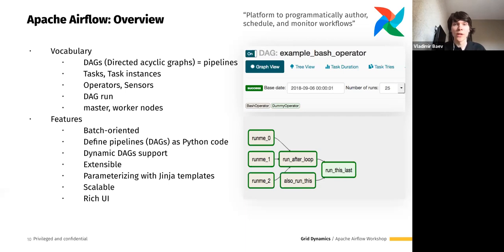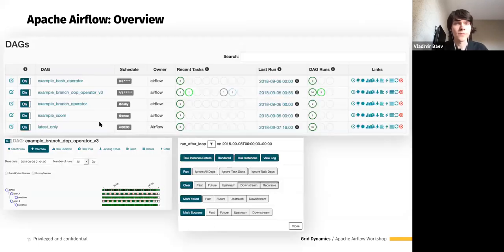And here on the right side of the slide, you can see an example of a particular pipeline in the Airflow Web UI. So here is a DAG with multiple tasks which are connected with each other. And let me also show a couple of screenshots from the UI. So here we can see a list of our DAGs, our pipelines, with corresponding schedule intervals and statuses.